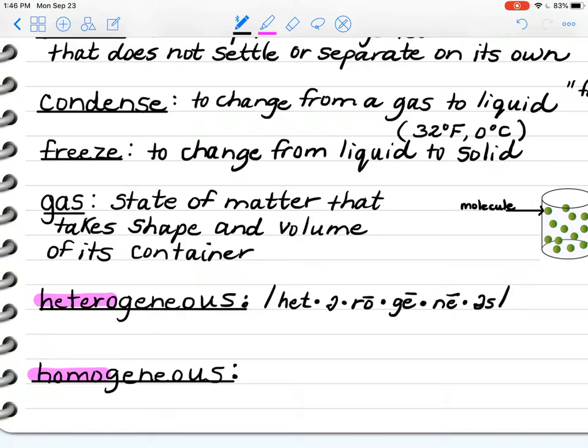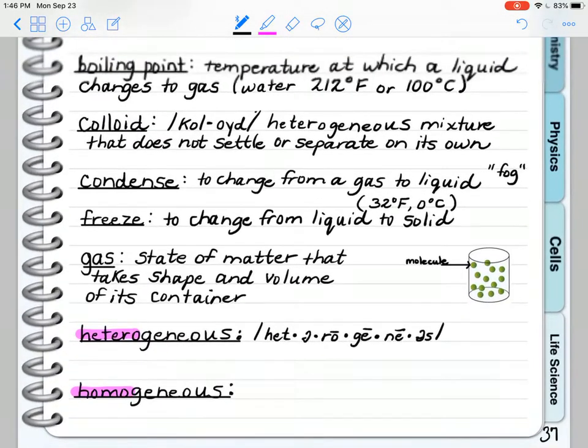Heterogeneous is matter with a non-uniform, and that means that it's not even. Uniform means even. Non means not, so it's a not uniform composition.